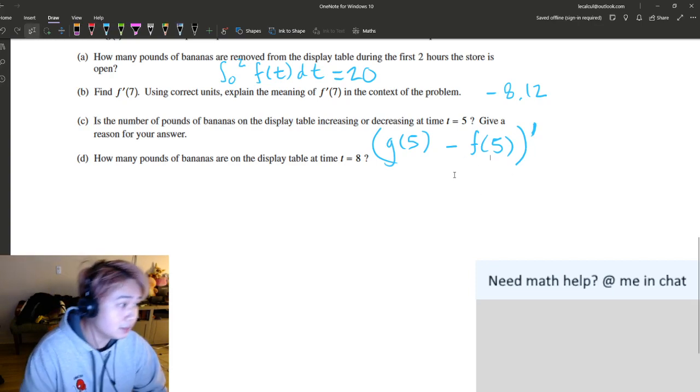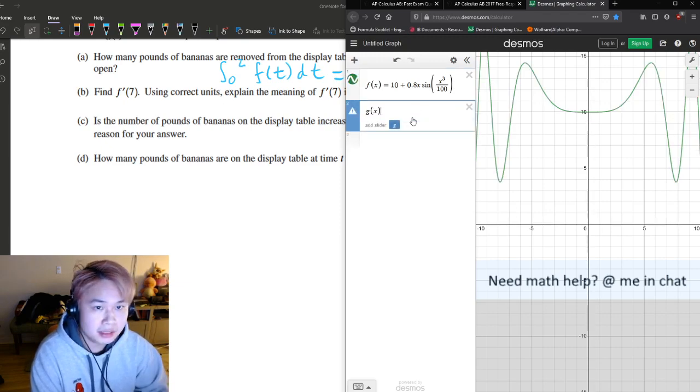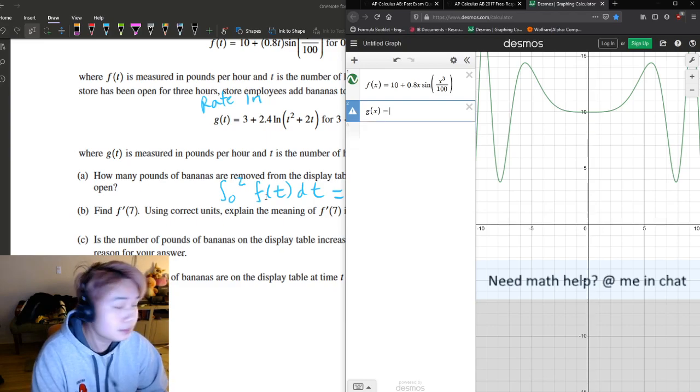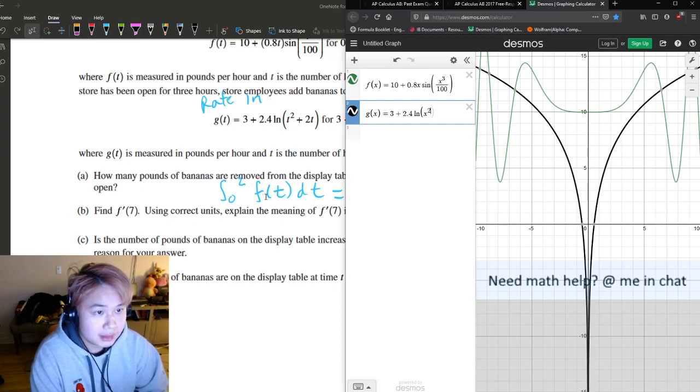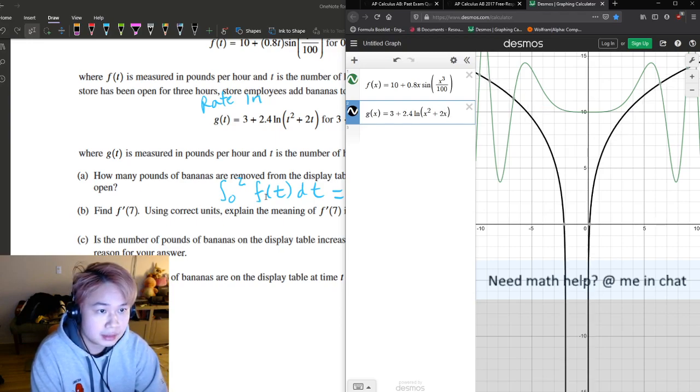Okay, and then that's easy enough to do. So let me just type in g first. So 3 plus 2.4 natural log of t squared plus 2t.